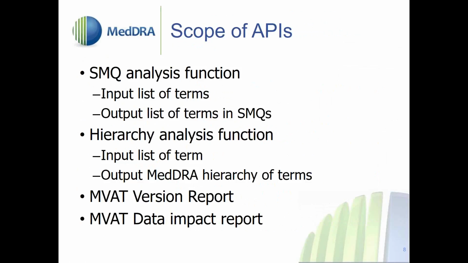New terms, for example, changes to existing terms, that's demotions of PTs to LLTs, promotions of LLTs to PTs, the movement of LLTs, SMQ information, etc. And also the data impact report, which is where you provide information to the API, and it will tell you what changes have occurred between two MedDRA releases that you specify. So if you've used any of these tools, you should be very familiar with these features and functions. The APIs do all of that.